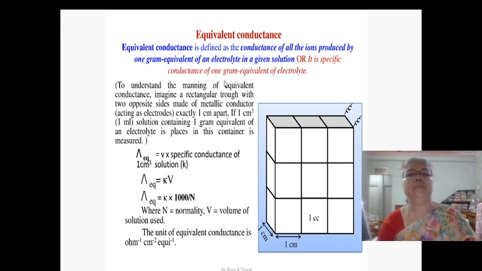Then we have seen the equivalent conductance. Equivalent conductance is the conductance of all the ions produced when we dissolve 1 gram equivalent of electrolyte in a given solution, and it is denoted by lambda equivalent. It is equal to the product of specific conductance into volume of the solution.